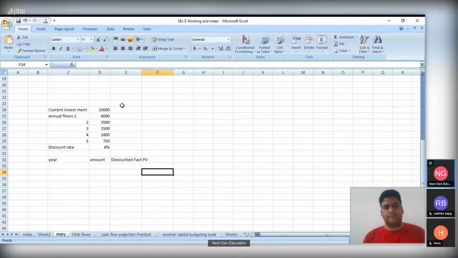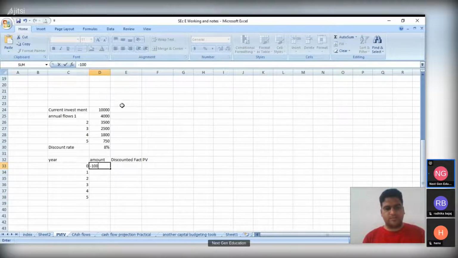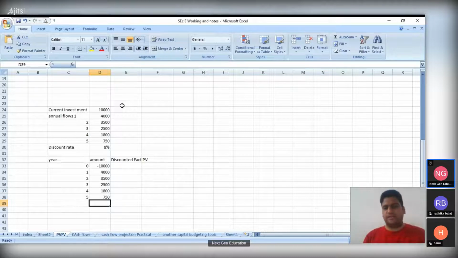Okay, so now you have to calculate year number 0, 1, 2, 3, 4, and 5. This is your minus amount 10,000. Then it's your 4,000. This is my question. How to calculate? This is a very simple method. I'm just writing here to show you what I'm doing. Until now I just cut, copied and pasted from my question bank to my answer sheet.